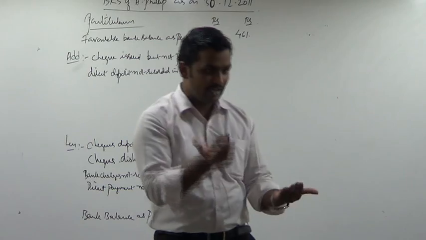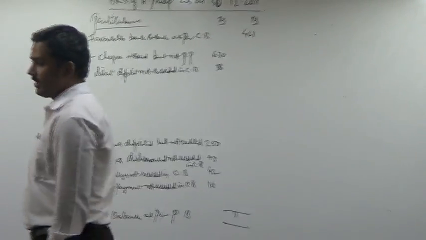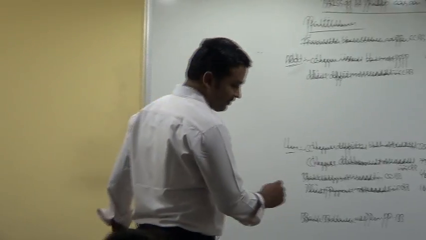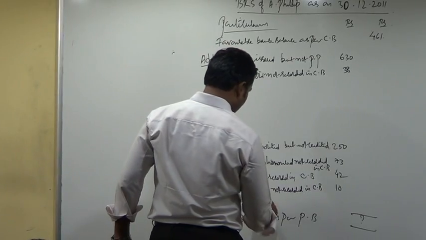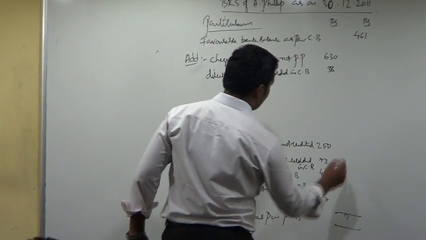What should I do to cash book now? Less. Error in passbook. How much amount? 27.